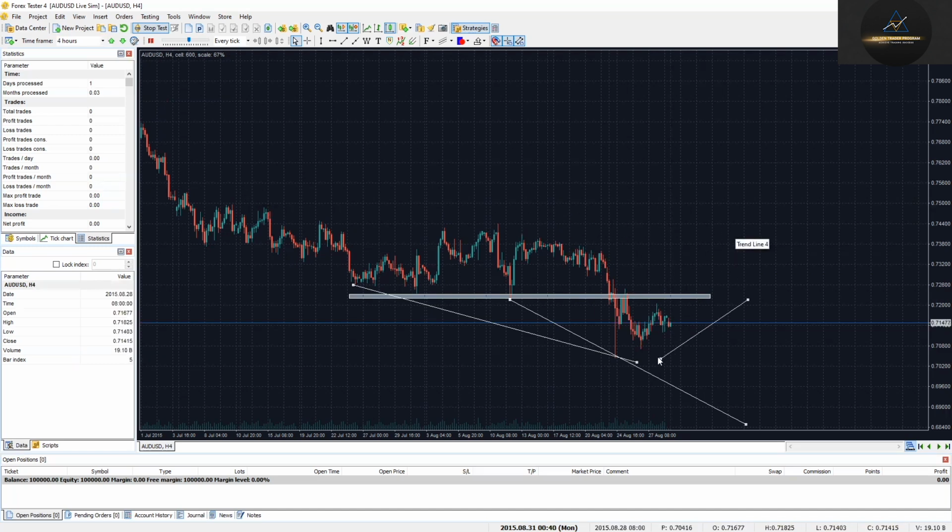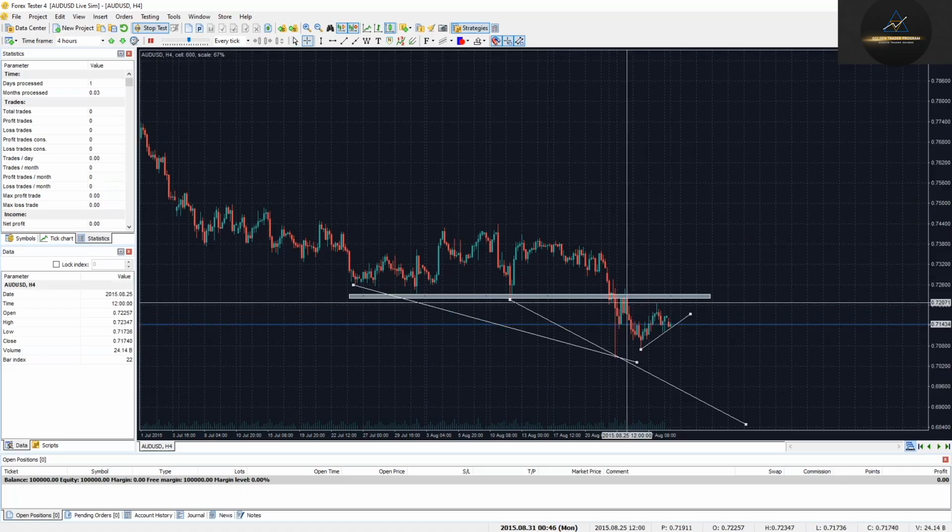So for now, let's see if we get this compression coming up high, because there's this block here where price has reacted, but as you can see, it's not a strong reaction. So I'm anticipating for this block to get taken out.